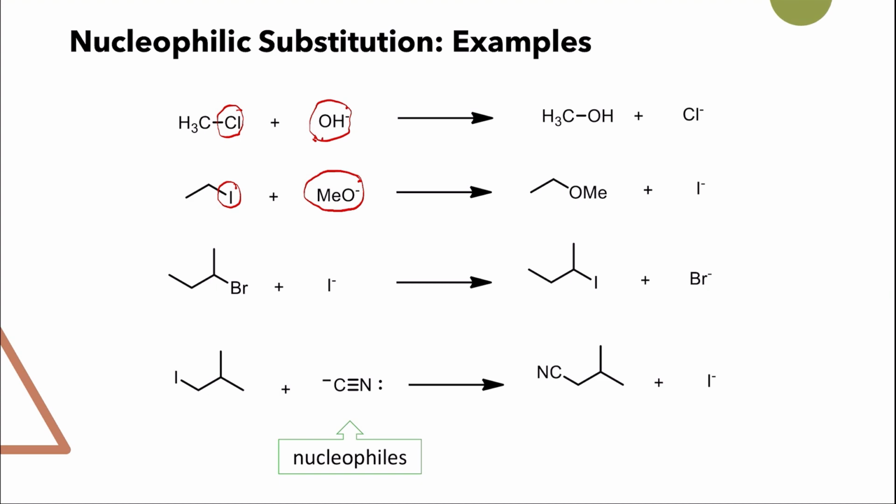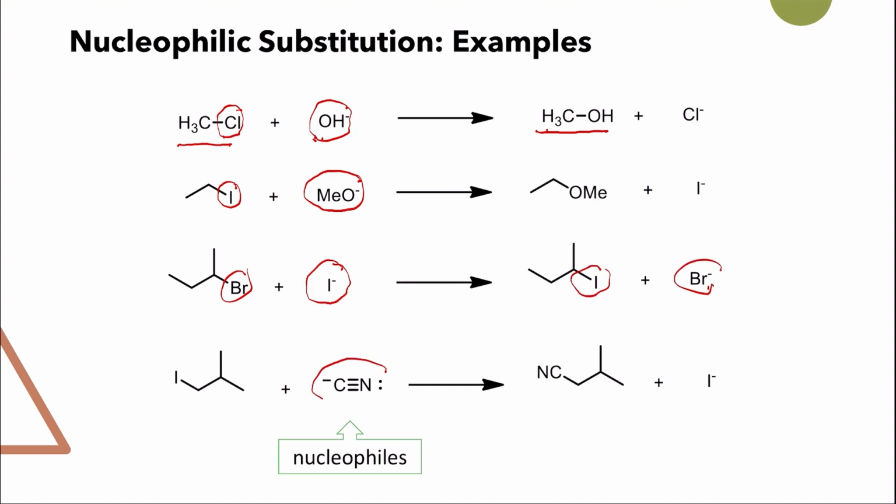So if you have hydroxide and something like methyl chloride, you're going to end up with methanol. If you have another halide like iodide with an alkyl bromide, you're going to end up with the alkyl iodide and the bromide will leave.